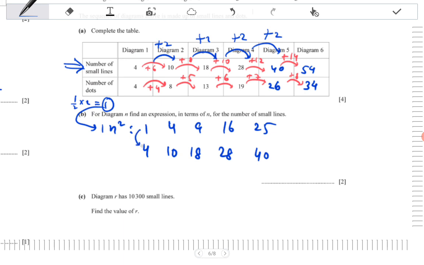So what am I supposed to do? Minus 3 here. Here I have to do minus 6, minus 9, minus 12, minus 15. So this minus 3, minus 6, minus 9, minus 12 and minus 15 is another sequence with a constant difference of minus 3.